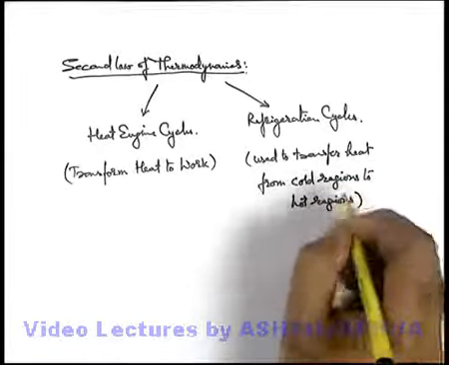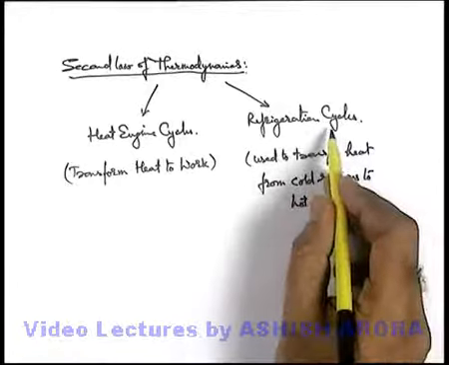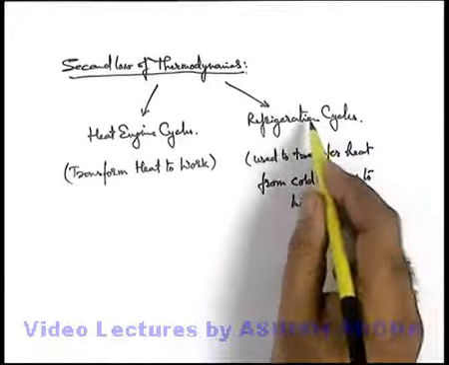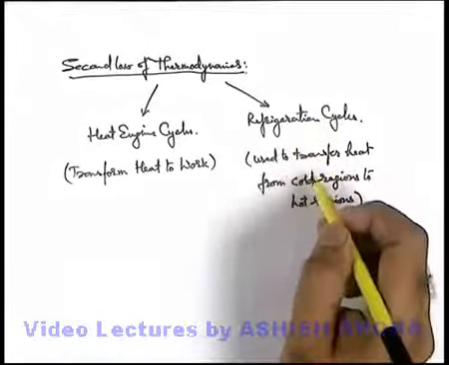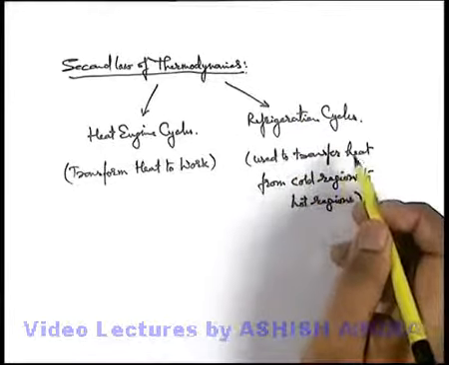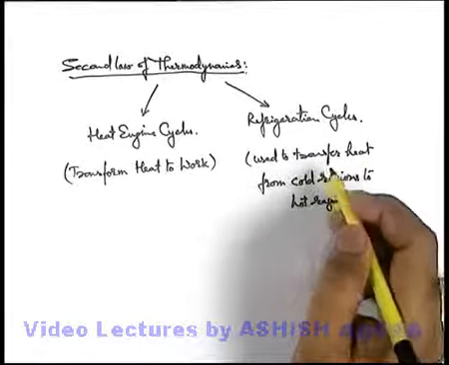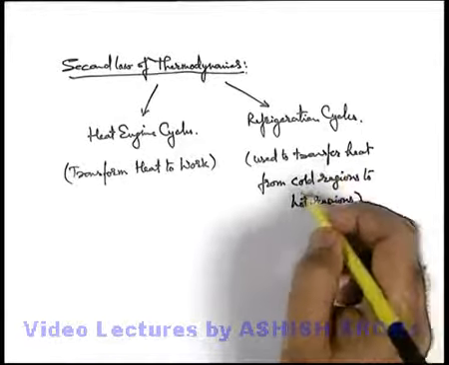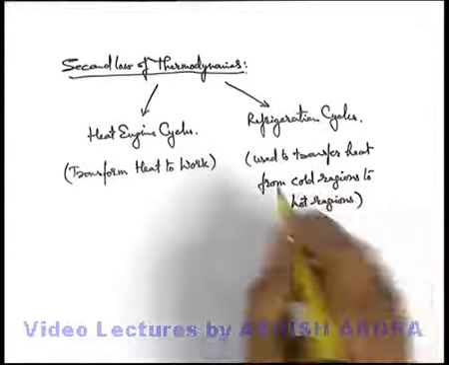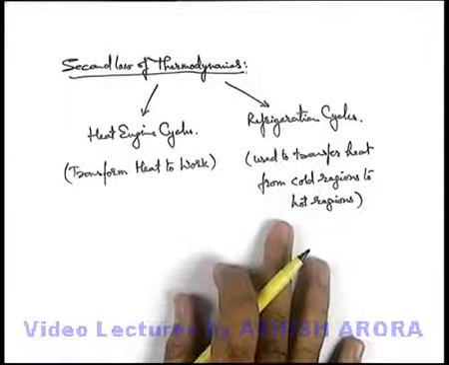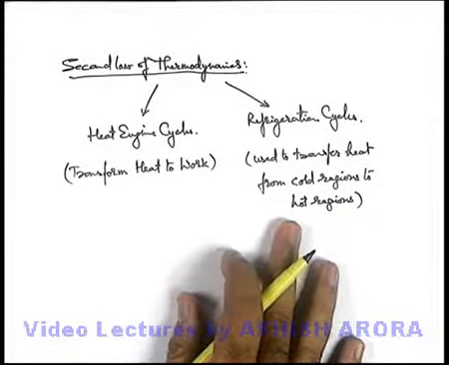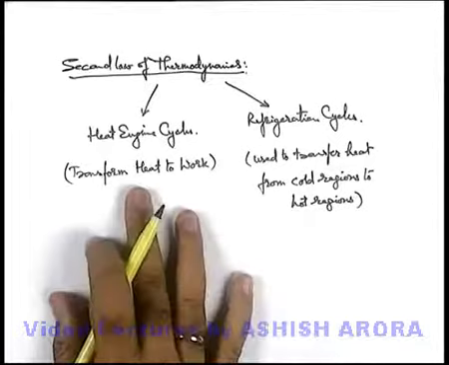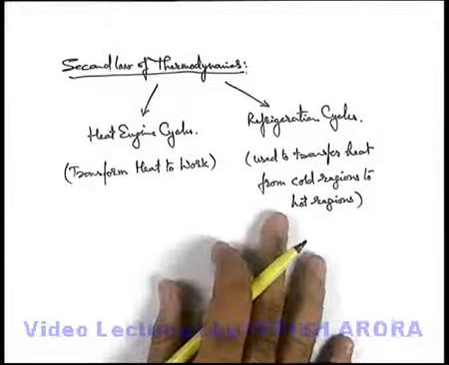All of you know what exactly a refrigerator does. There is a chamber in a refrigerator which has a temperature much less than the surrounding temperature, because by doing some work by its compressor, we transfer heat from its chamber to the surrounding. Anyway, we are going to discuss the statements of second law of thermodynamics, and then we'll analyze the details of heat engine cycles and refrigeration cycles.